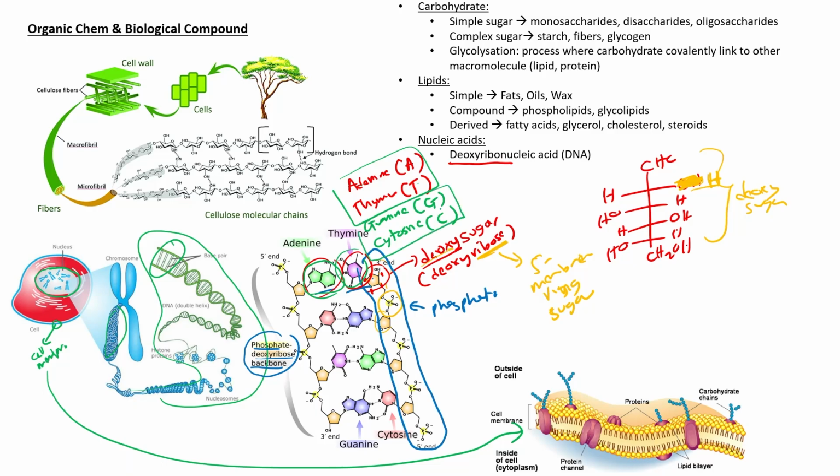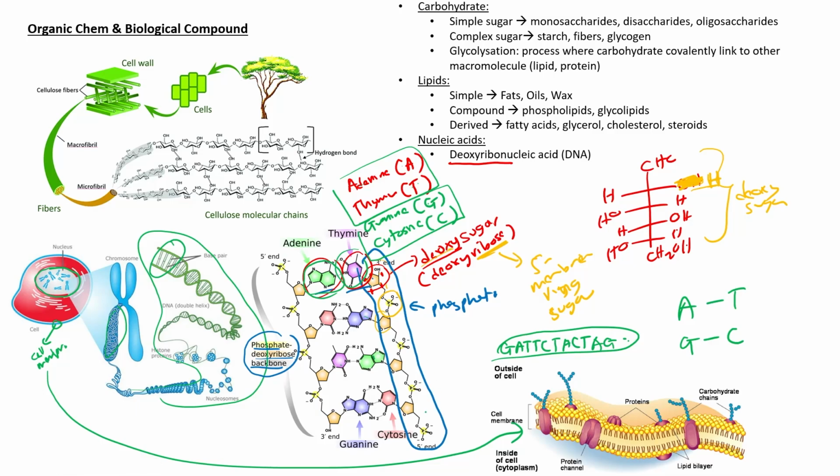In DNA, A is always with T, and G is always with C. So this is GC, and this is AT. When you do DNA sequencing, you may have seen something like GATTCAT. When people show DNA sequencing, you see letters like A, T, C, G. These are basically adenine, thymine, guanine, cytosine.